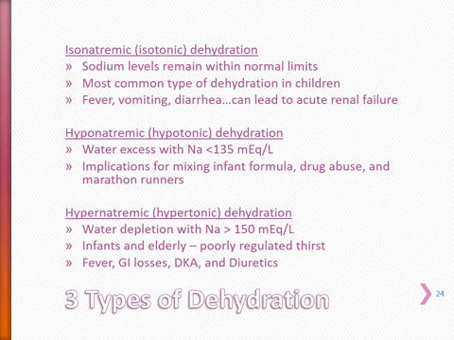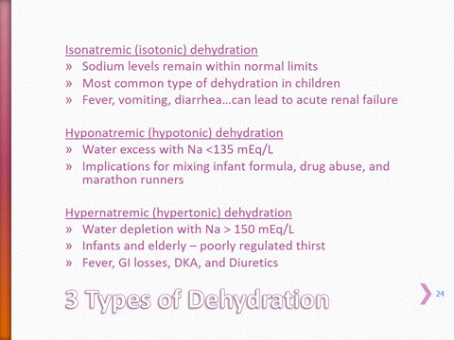We see that with fever, vomiting, diarrhea, and it can lead to acute renal failure. Hyponatremic or hypotonic dehydration is where there's water excess with sodium less than 135 milliequivalents per liter. And there can be implications for mixing formula, also drug abuse, and then marathon runners that I just wanted to mention.